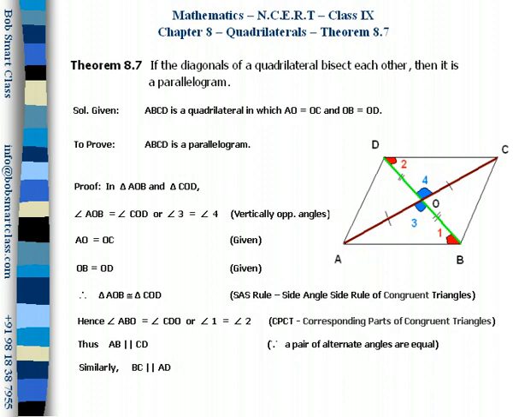Therefore, BC is parallel to AD. Now, seeing that these two opposite sides are parallel, this quadrilateral ABCD is a parallelogram. Hence, this theorem is proved.